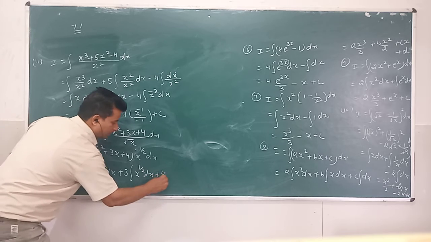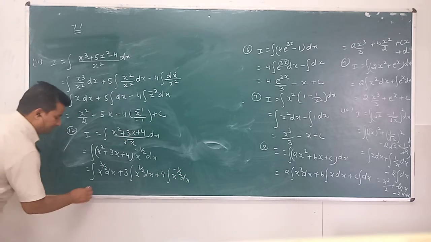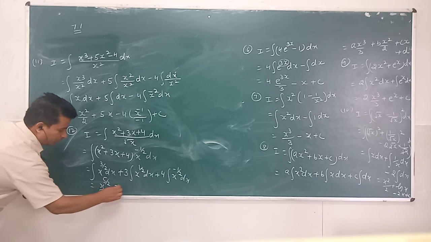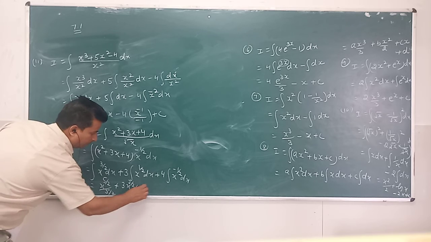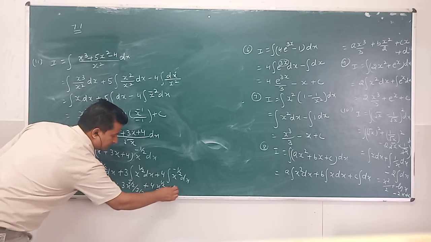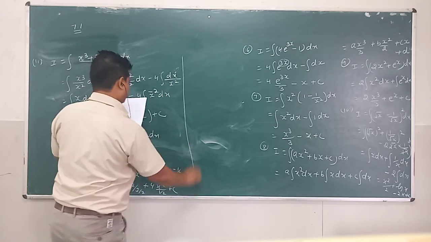This is 4 x power minus half. When we integrate this, add 1 to the power. This is 3 upon 2, and this becomes x half upon half plus c. This is the answer of this question.